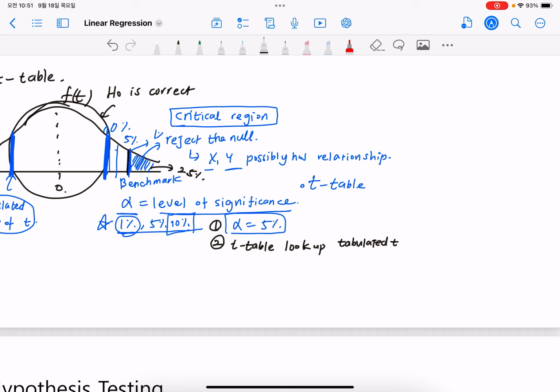And there is what's called the degrees of freedom. This is usually, in a simple linear regression analysis case, n minus 2, where n is the number of observations.